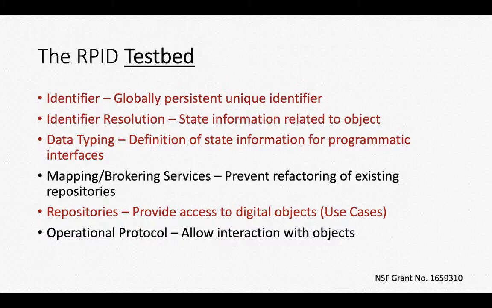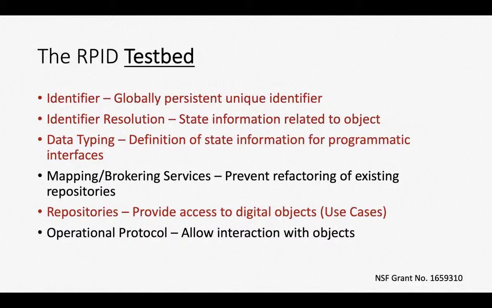So the RAPID testbed was an NSF grant. I put the number here for anyone who wants to look that up. That ran from February of 2017 to February of 2019. That just ended. In fact, I'm writing the final report for that.